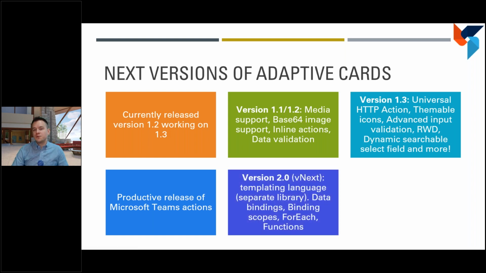Now, together with version 1.3 and the future releases, there is this version 2.0. It's called the vNext. It's like a repository or backlog of all the functionalities or features that the team has in mind and that might reach a productive version one day. And with that, there is a lot of work being done on the templating language and the templating service.